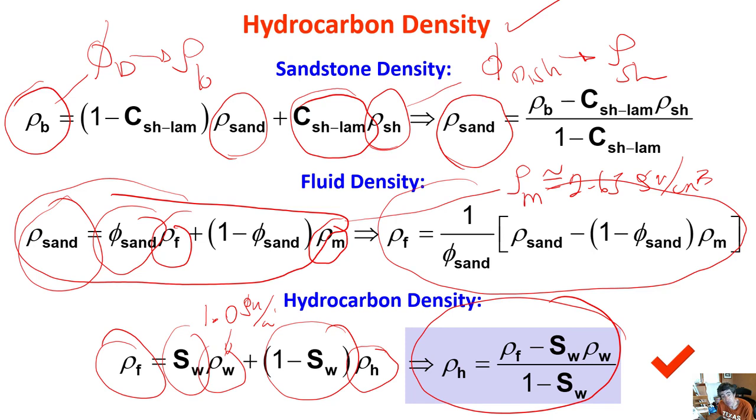So now we have everything that we promised that we were going to do. We calculated volumetric concentration of shale. We went to the calculation of the sandstone porosity by making corrections to the neutron and density logs for the fraction, or the volumetric concentration of shale. We did that correction. We show you how to implement that correction in water saturated sandstones, and as a consequence we got a formula that was easy to digest for an alternative way to calculate volumetric concentration of shale in water saturated sandstones.